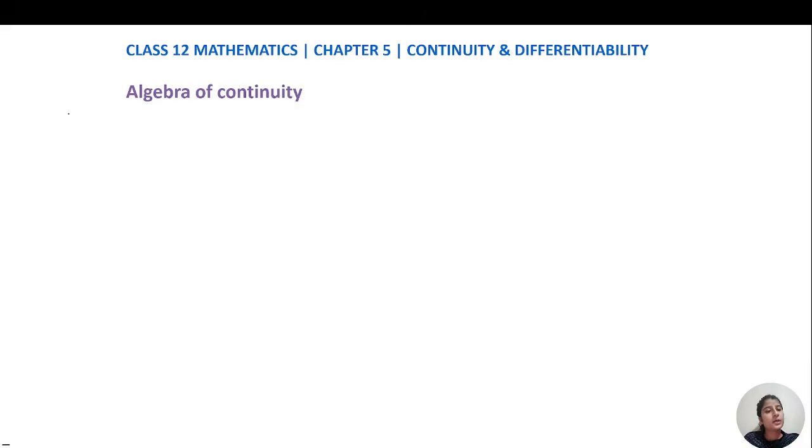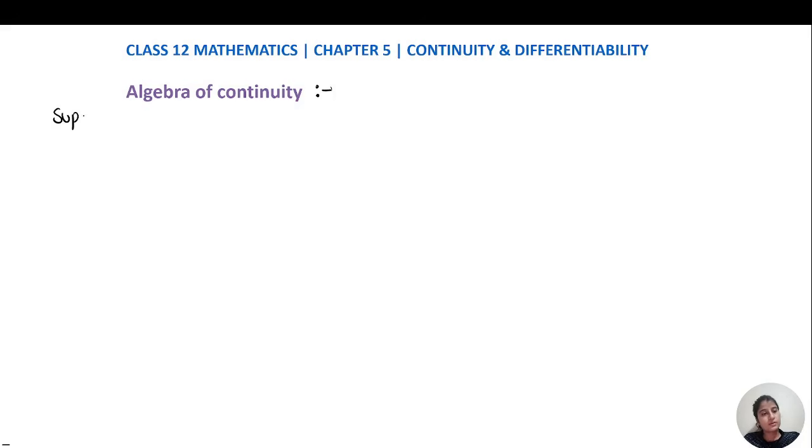Okay, now what is algebra of continuity? It is very important for us to know the algebra of continuity, because if we know continuity for some particular functions, then we can easily find it for another function also.